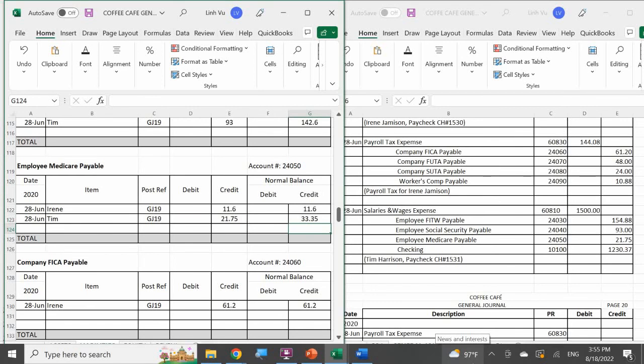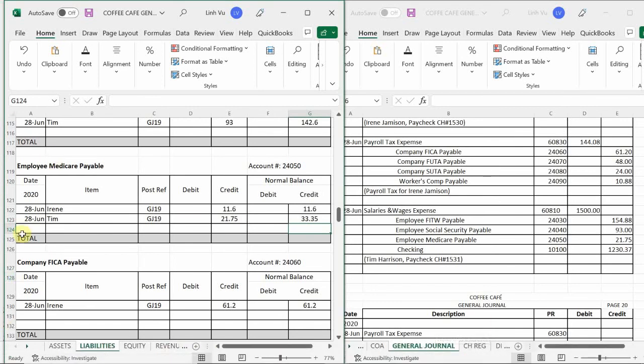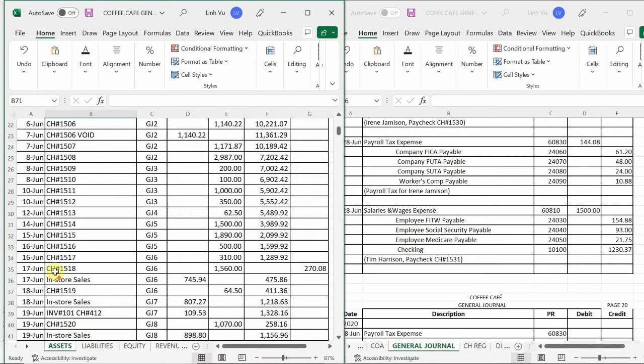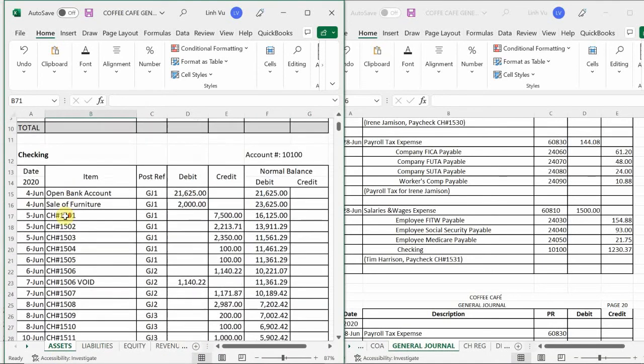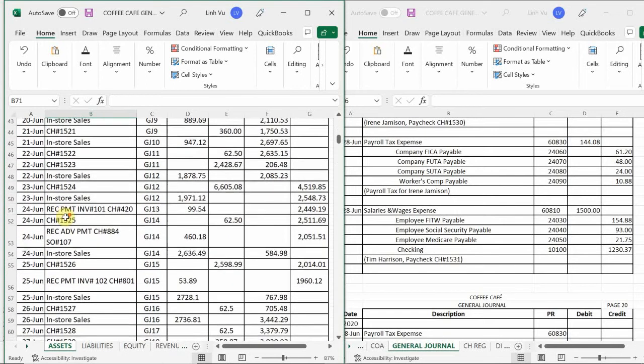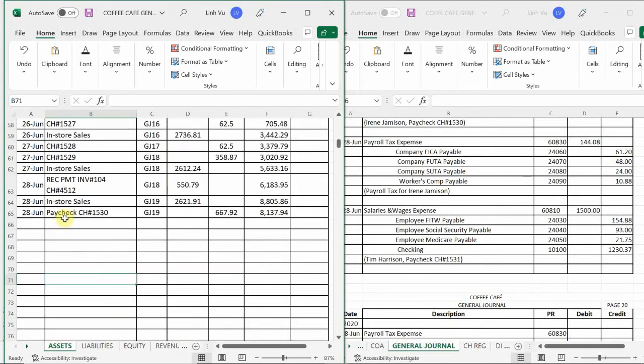And then it's 33.35, and then that's it. And then we need to update the checking on the asset. Good, right? Yes.